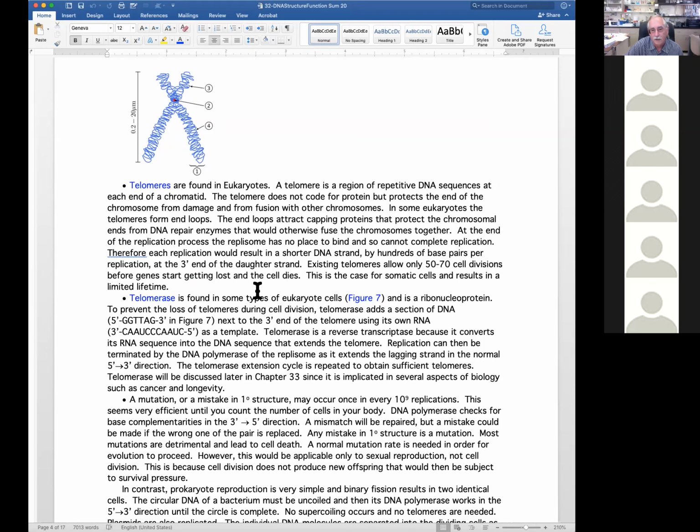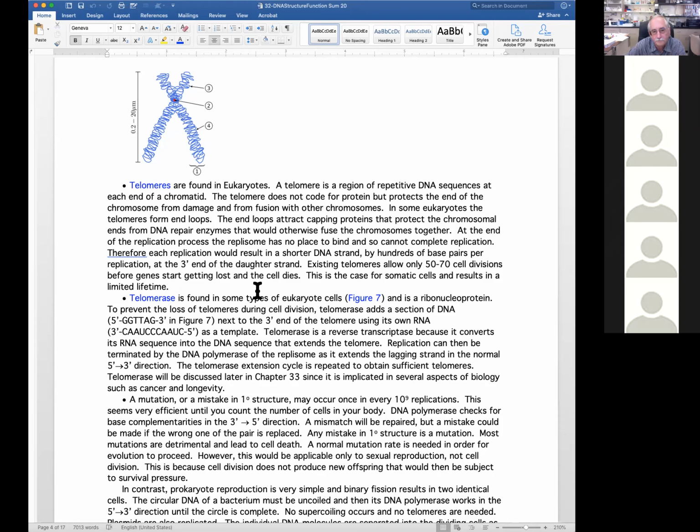So here's the problem with DNA polymerase. DNA polymerase can't get to the exact end of the piece of DNA because there's nothing to hold on to.